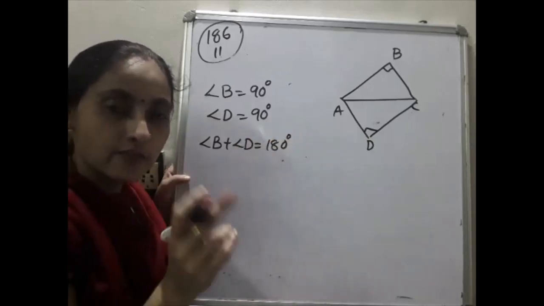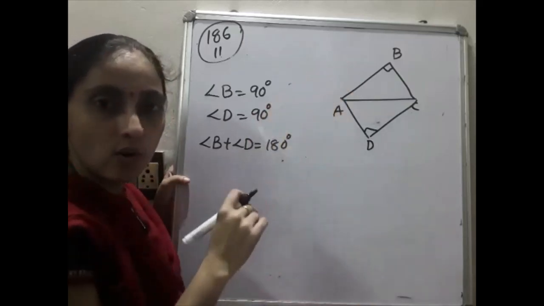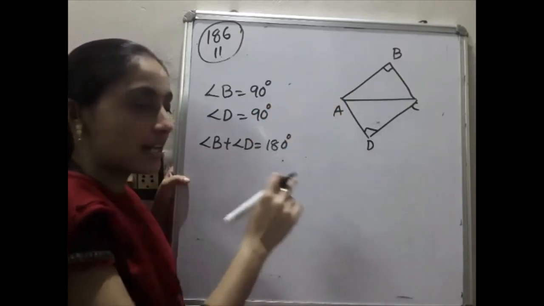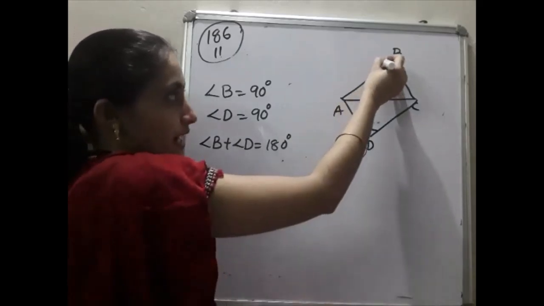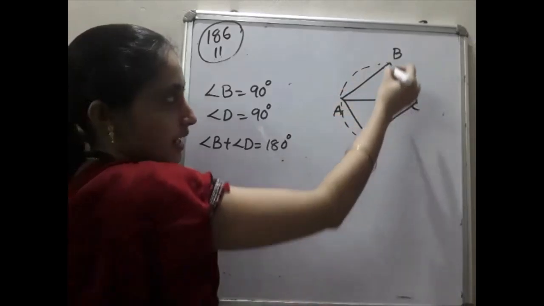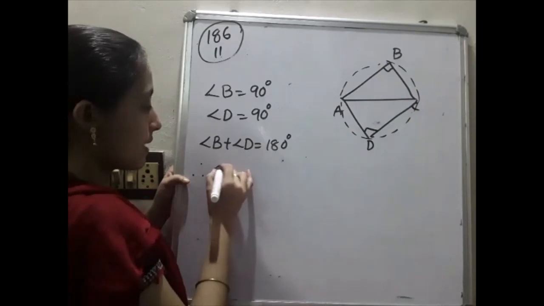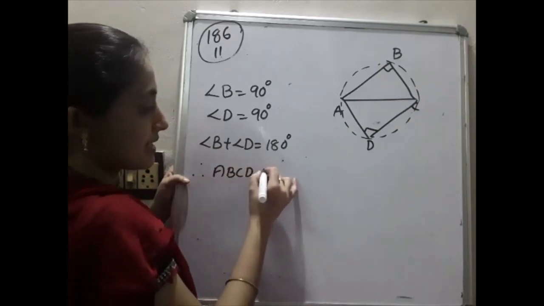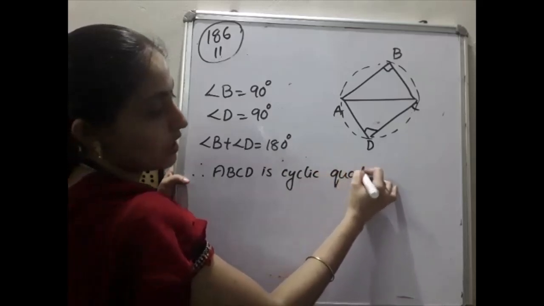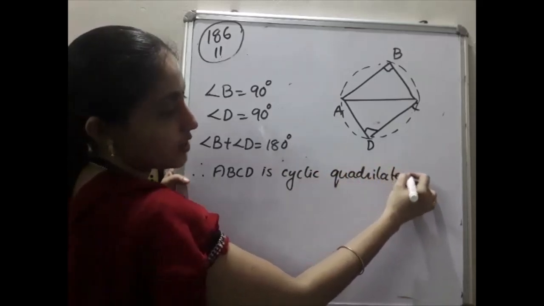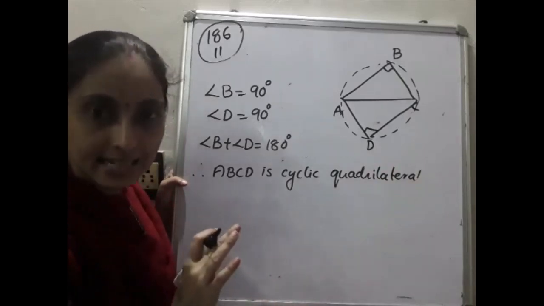But we know if the opposite angles of a quadrilateral are supplementary, the sum of opposite angles of a quadrilateral is 180 degrees, then it is a cyclic quadrilateral. So when I am drawing a cyclic quadrilateral like this, therefore ABCD is cyclic. The reason is that the opposite angles of a quadrilateral are supplementary, then it is cyclic.